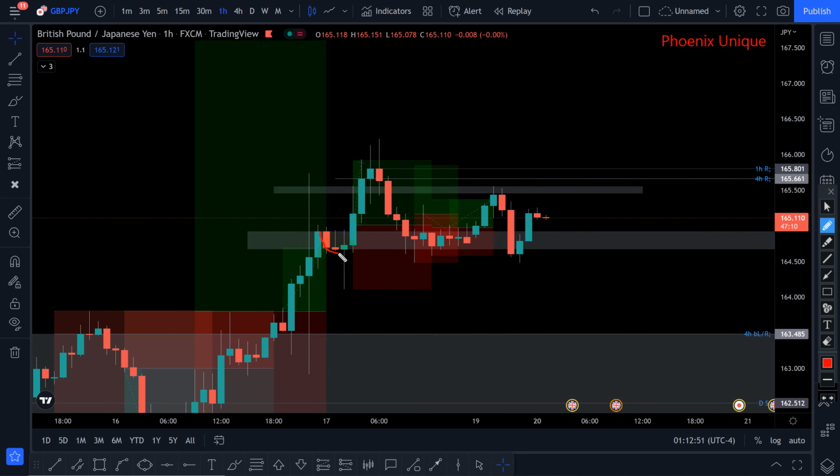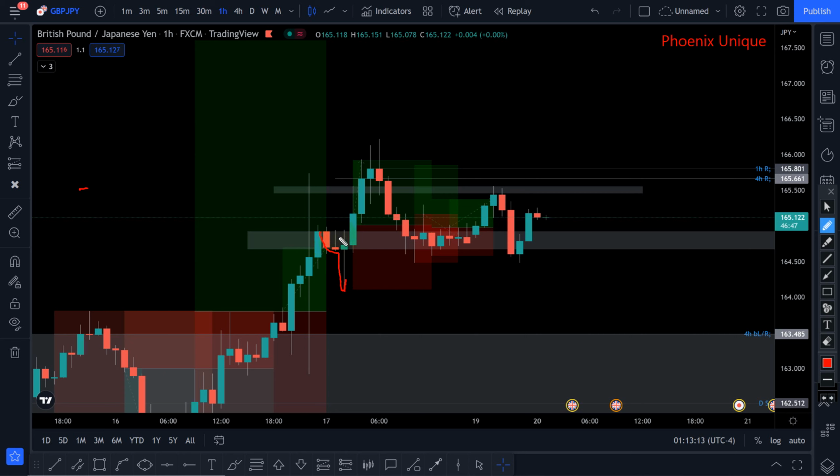This was how the price retraced, gave a fakeout. This is what most people would call a pin bar or whatever you want to call it. It dropped but closed bullish. What this simply means, if I'm trying to draw it in a little more technical way, is that price opened here.